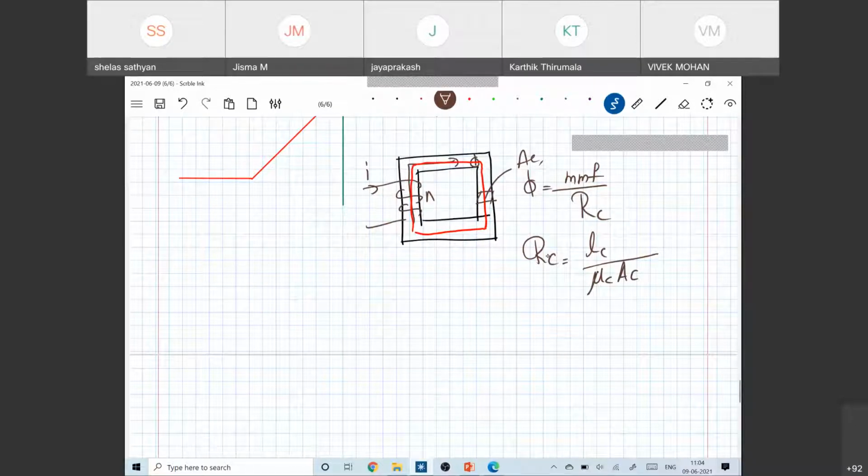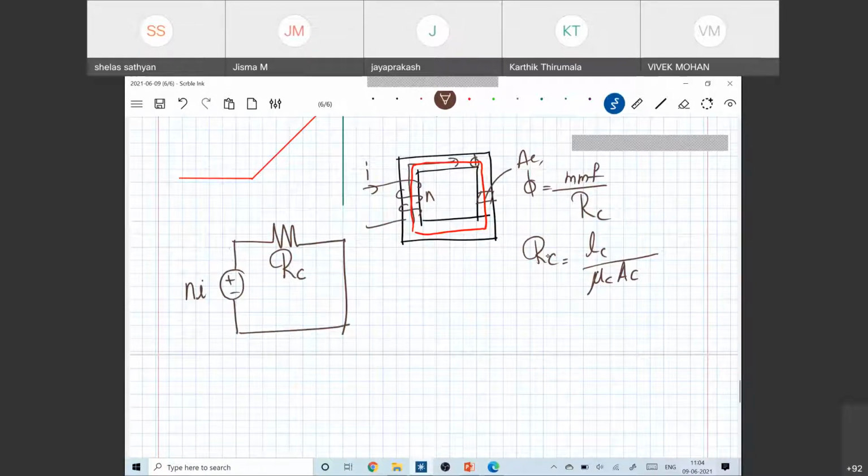This can be represented in our equivalent electrical network. MMF is given by N into I, if you have N turns and the current I is flowing. The reluctance of the core can be represented as R suffix C. A flux phi is flowing, and phi is obtained by MMF divided by reluctance.